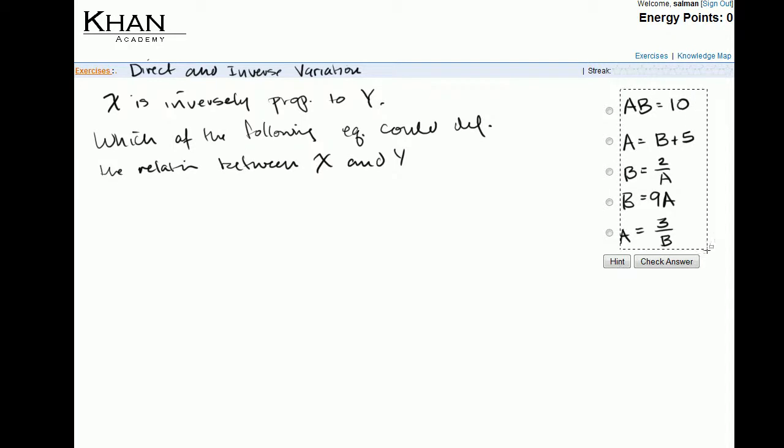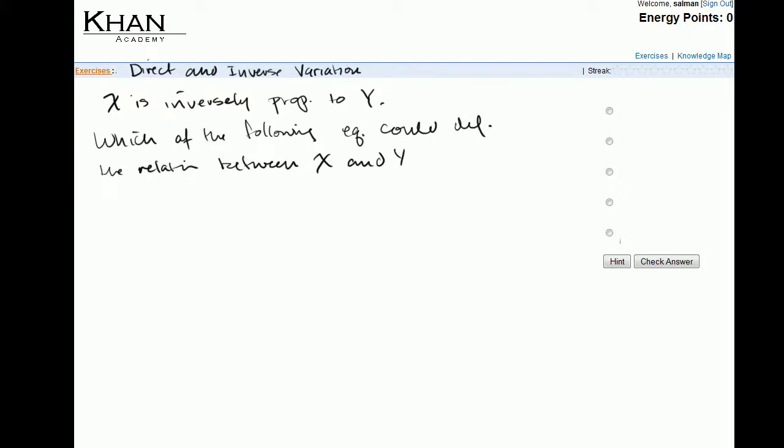We want most of them to be incorrect. So for the correct answer, we could put X is equal to 1 over Y, or 5 over Y. It could be XY is equal to some number, let's say 10.